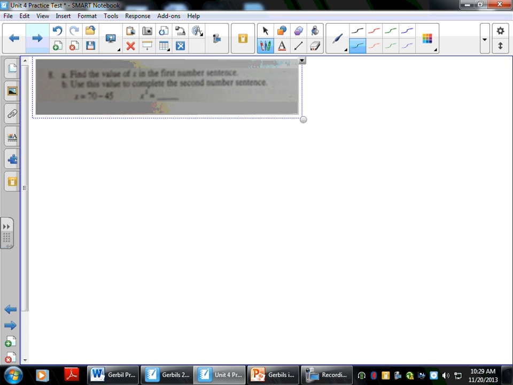Find the value of x in the first number sentence. Use this value to complete the second number sentence. Well, this first one says x equals 70 minus 45. So 70 minus 45, you got a 5 here, 25. So x equals 25.